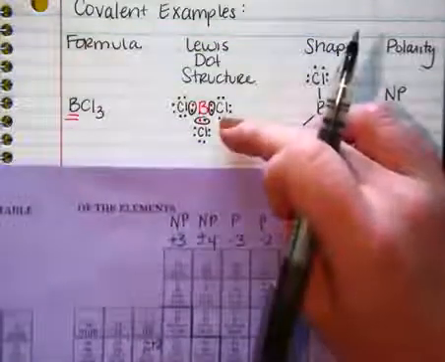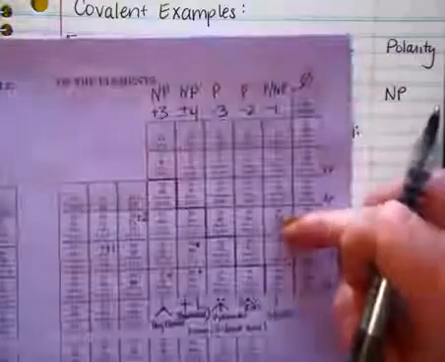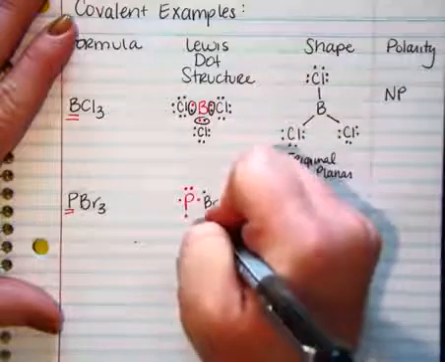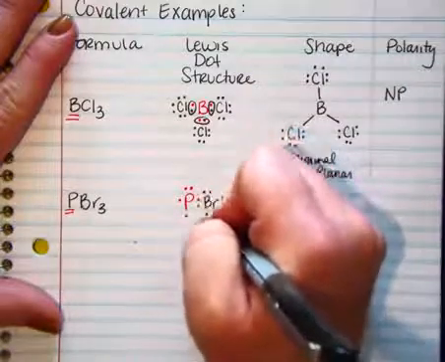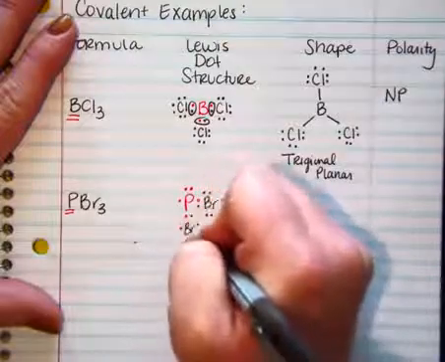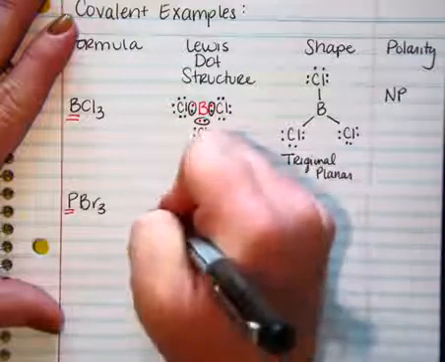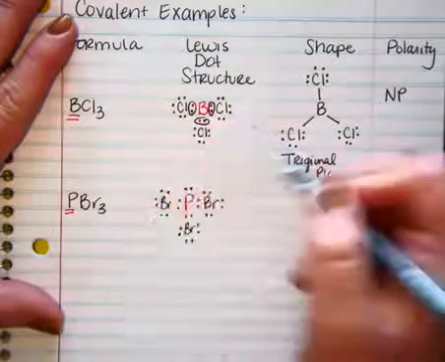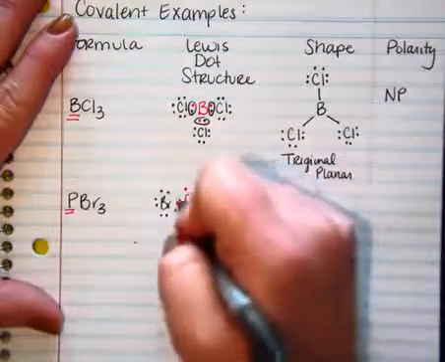So just like up here, chlorine had 7 dots, bromine's also going to have 7 dots. So Br, 1, 2, 3, 4, 5, 6, 7. Br, 1, 2, 3, 4, 5, 6, 7. Br, 1, 2, 3, 4, 5, 6, 7. And there are my 3 bonds.